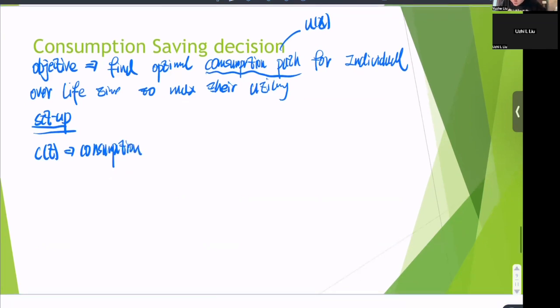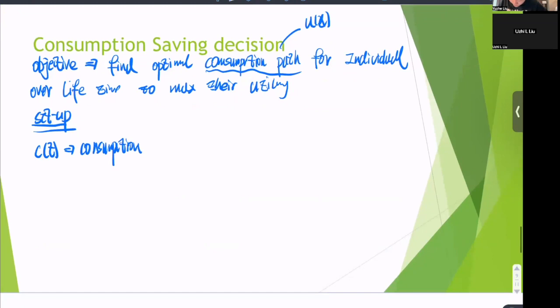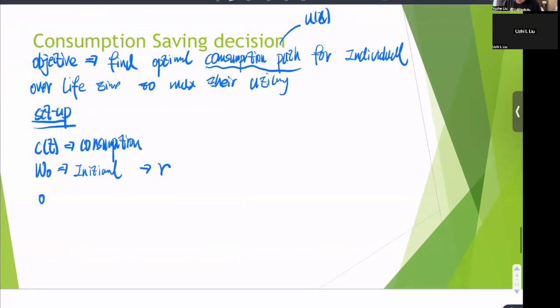And notice that the individual has an initial wealth of W0, and the initial wealth can earn interest at rate R on the savings. So we assume this person lives from 0 to T. That's the maximum life expectancy that he can get.